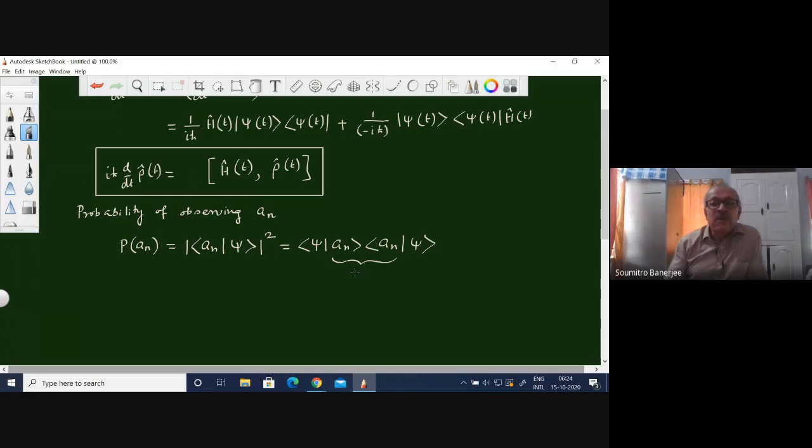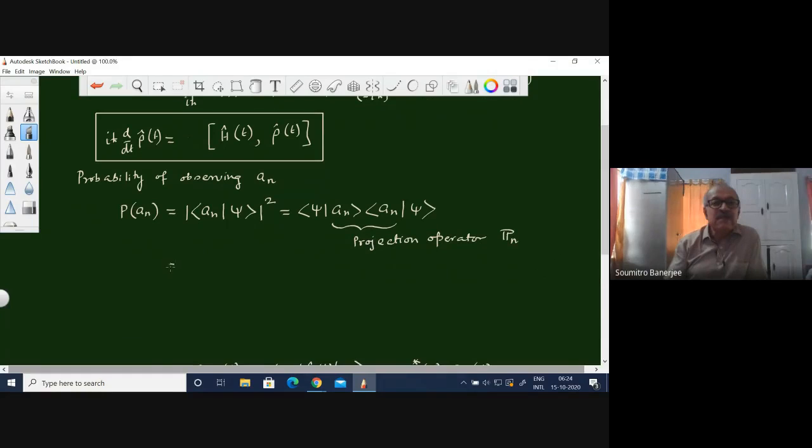This is something that we know. This is the projection operator onto the eigenvector a_n. Let's call it Pn. So this is the projection operator. So if it is a projection operator, then this can be written as psi, operator, psi.